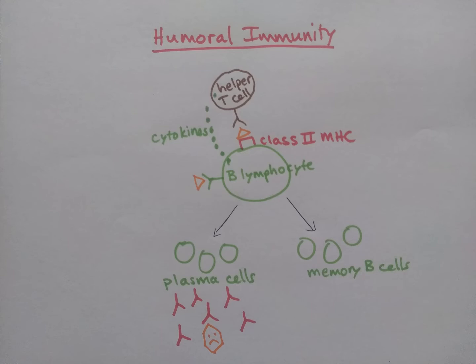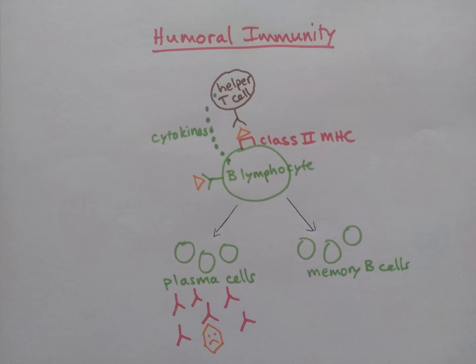The B lymphocyte is then going to divide and form two types of cells. The effector cells that are going to go do battle, these are called plasma cells, and they're going to produce lots and lots of antibodies. So they end up churning out about 2,000 antibodies per second, which is a lot. And these plasma cells are not long-lived cells, so they will fight the battle and then usually they'll die off after that.